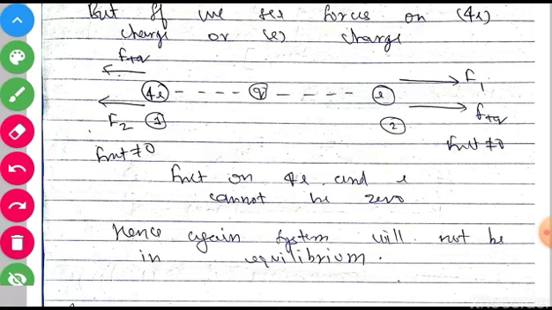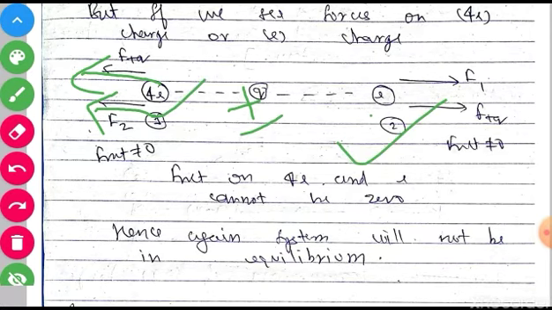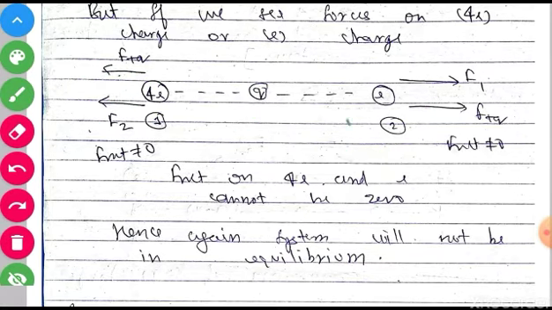Due to e, 4e will experience a repulsive force F2, and due to this plus q, it will also experience a repulsive force, because these are both positive and 4e is also positive. So it will experience a repulsive force. Similarly, this e charge will also experience a repulsive force due to q and 4e.